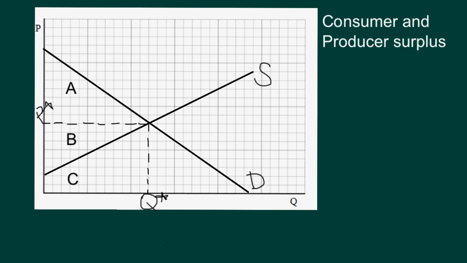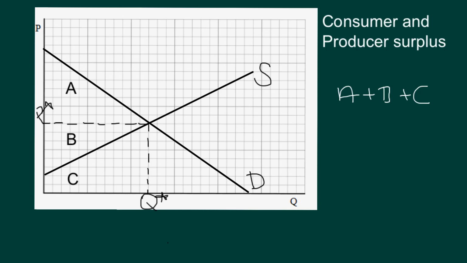So every point on the demand curve represents the additional benefit, the true P dollar value to the consumer for that unit. Graphically then, the total value to the consumer is this entire distance under the demand curve all the way down, as we have it labeled here, A, B, and C. So A plus B plus C is the total value to the consumer.